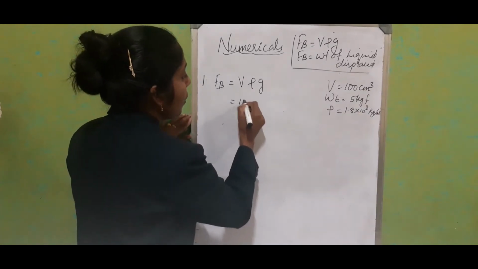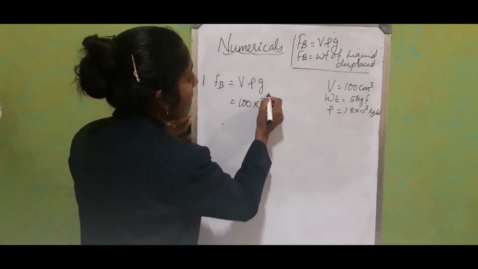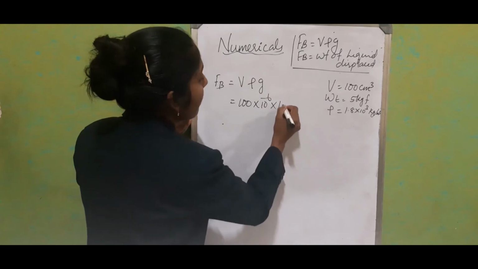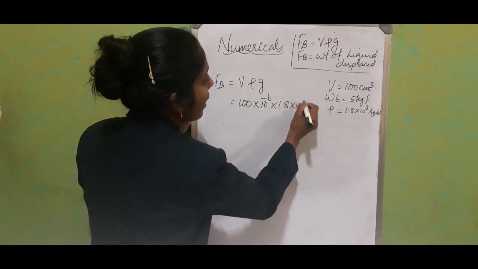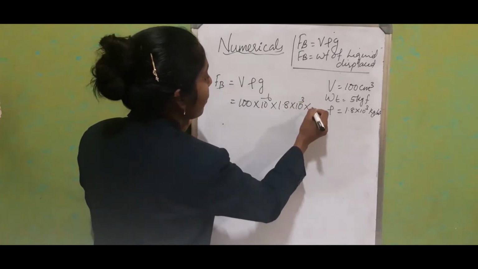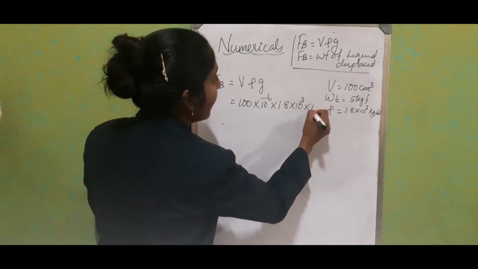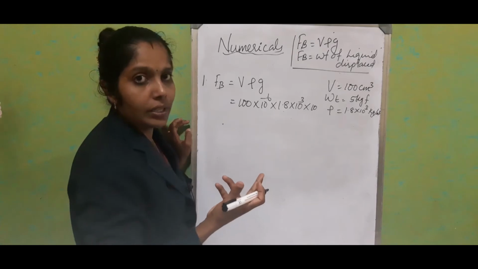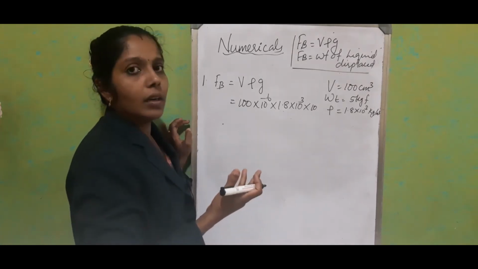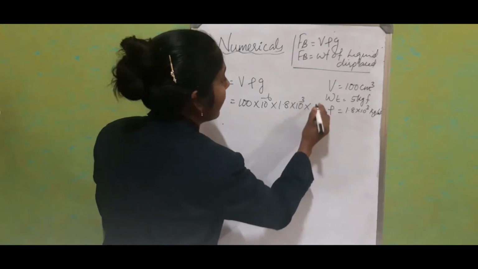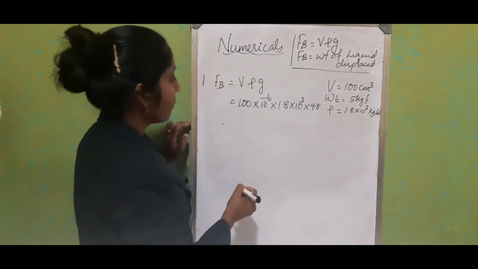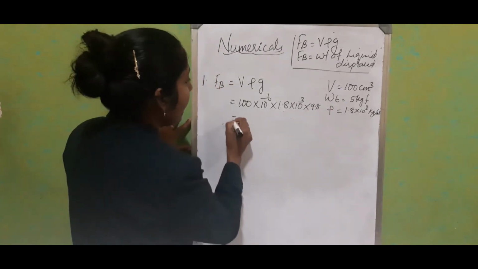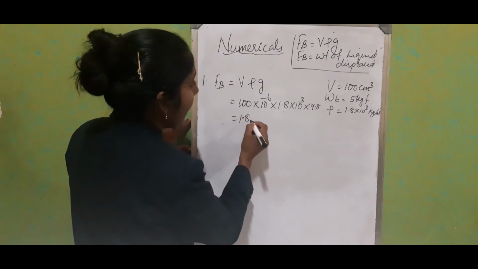So 100 into 10 to the power minus 6 into 1.8 into 10 to the power 3 into g. I am using 10 for g here, but for the calculation purpose, let it be 9.8. So we will get 1.8.